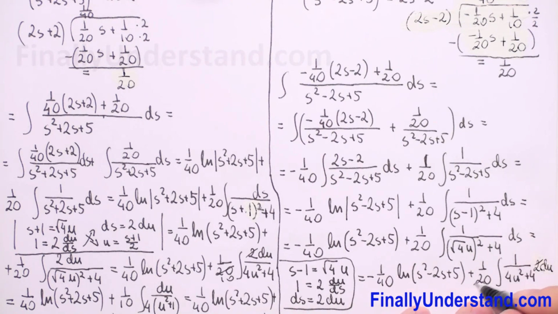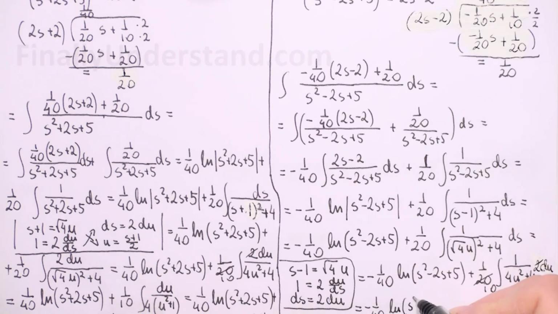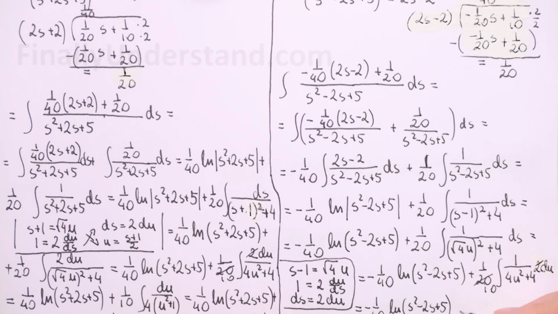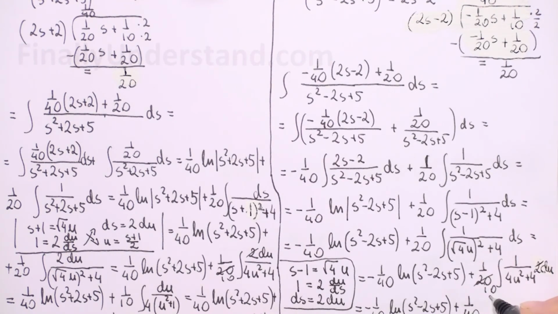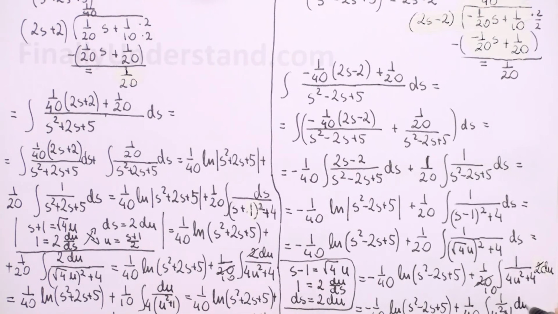The 2 we can reduce with 20, which will be 10. And now we have negative 1 over 40 natural logarithm of s squared minus 2s plus 5, plus 1 over 10, and we will factorize 4 from the denominator, so it will be 1 over 10 times 1 over 4, the integral of 1 over (u squared plus 1) with respect to u.